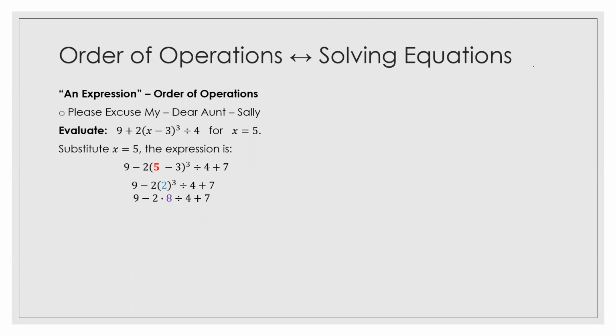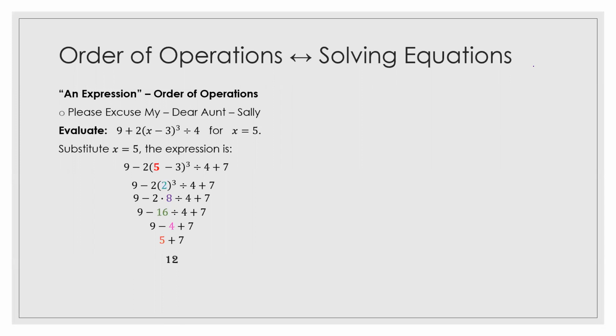Going from left to right, I'll multiply 2 times 8, which gives me 16, and then divided by 4 gives me 4. The last order is to add or subtract from left to right. So 9 minus 4 is 5, and 5 plus 7 is 12, right? So that's what it means to use order of operations to evaluate an expression.